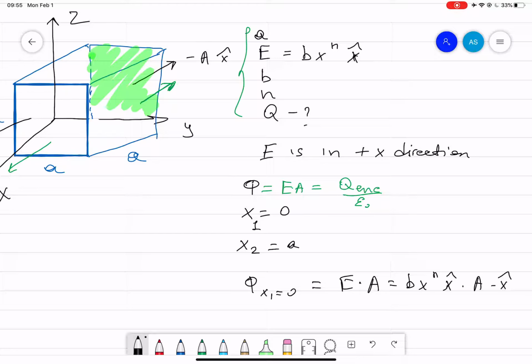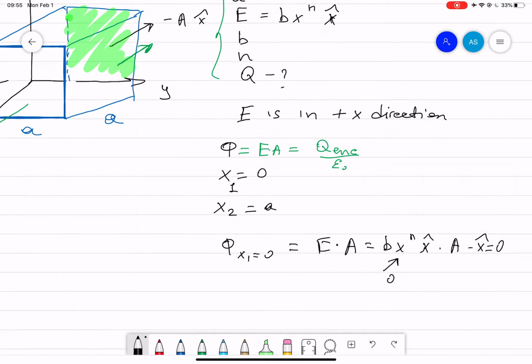Since x is equal to 0, the whole flux will basically be equal to 0.